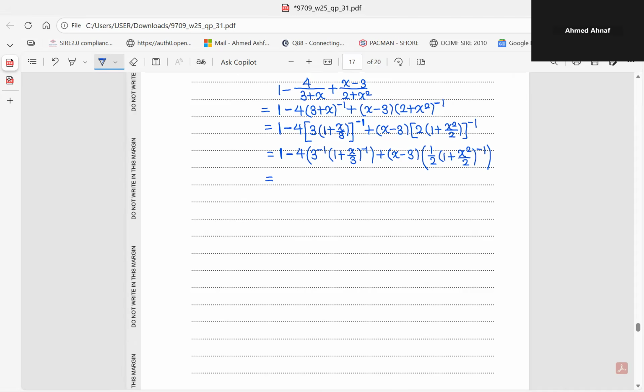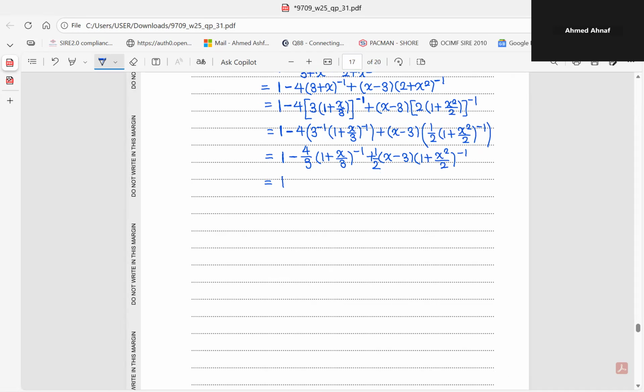So expanding all this, you would get 1 minus 4 over 3 times (1 plus x over 3) to the power of -1, plus x minus 3, and just bring the half over here, times (1 plus x squared over 2) to the power of -1. Now we can start expanding the expressions which have rational powers.